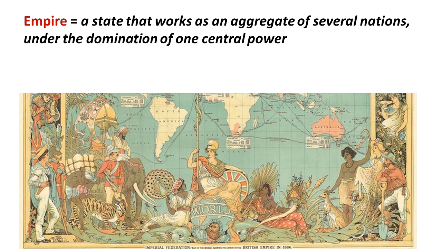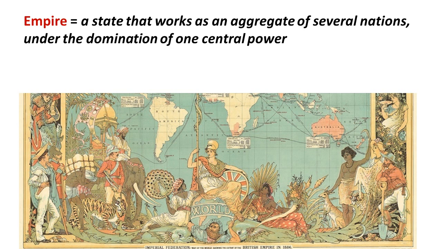So we could define an empire as a state, and I send you to a previous lesson for the definition of a state, but a state that works as an aggregate of several nations under the domination of one central power. This is what the Roman Empire used to be.